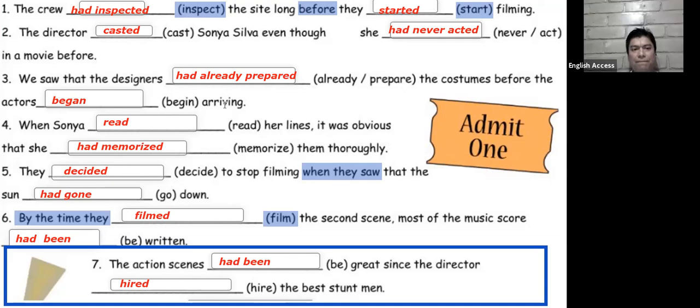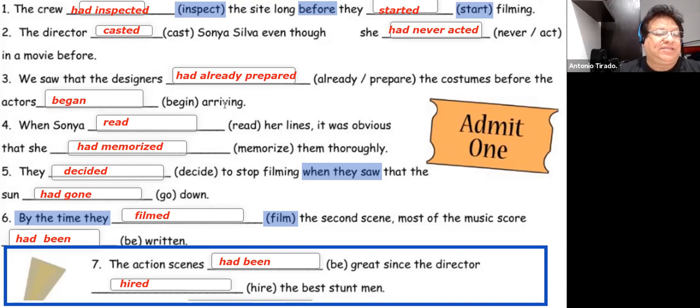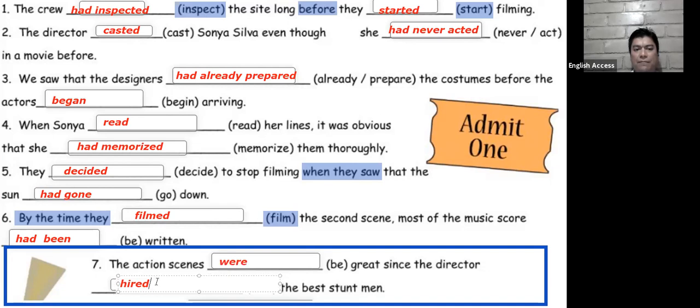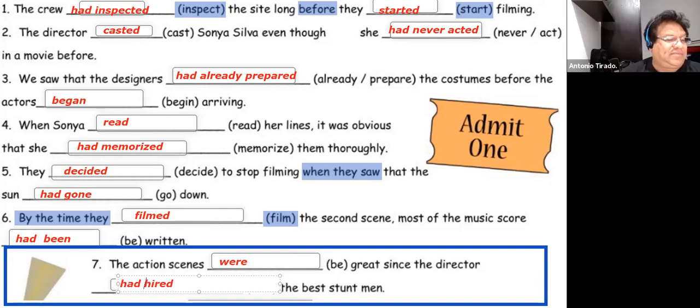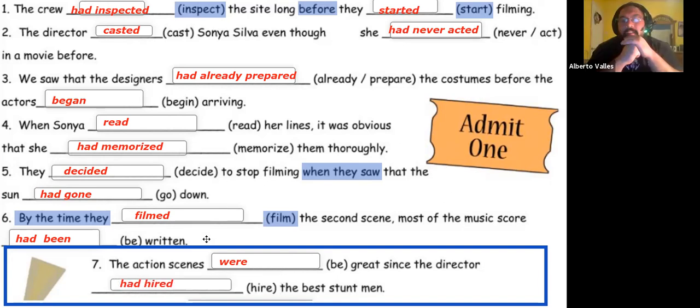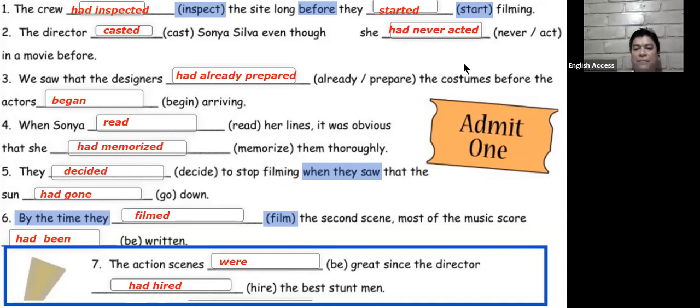So they are talking about the great action scenes. The action scenes were great since the director had hired the best stuntmen, because to actually start filming something, you have to hire all your personnel, all your staff.